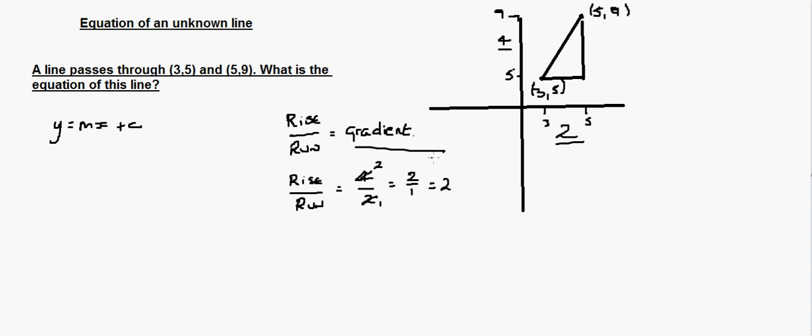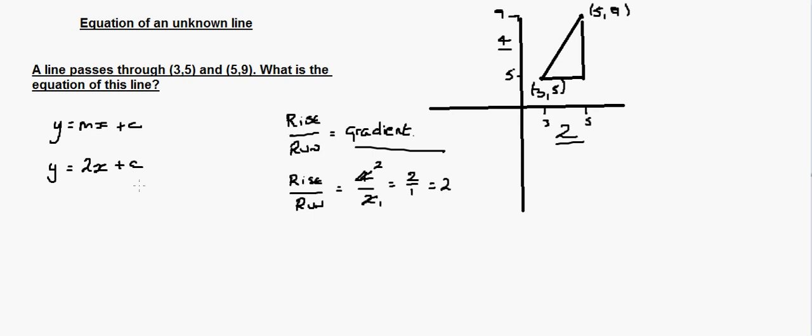So I know that my gradient is 2. So I can put that in here. y equals 2x. But I have to carry on with the plus c because I don't know that value. Okay, so we're halfway to solving this.